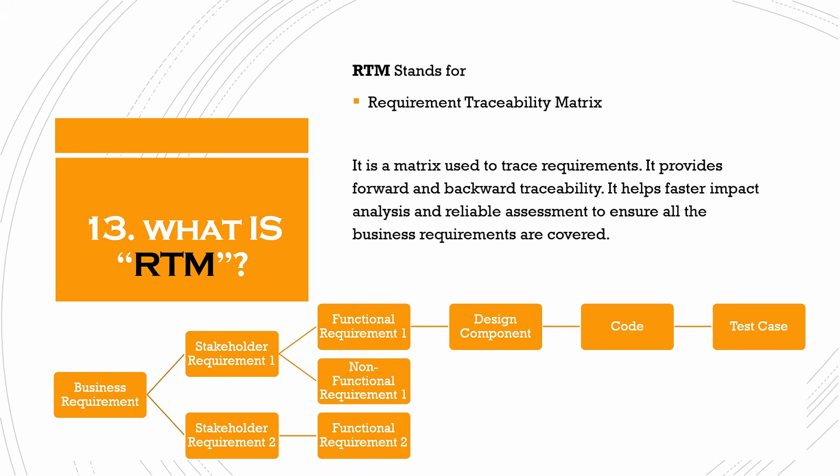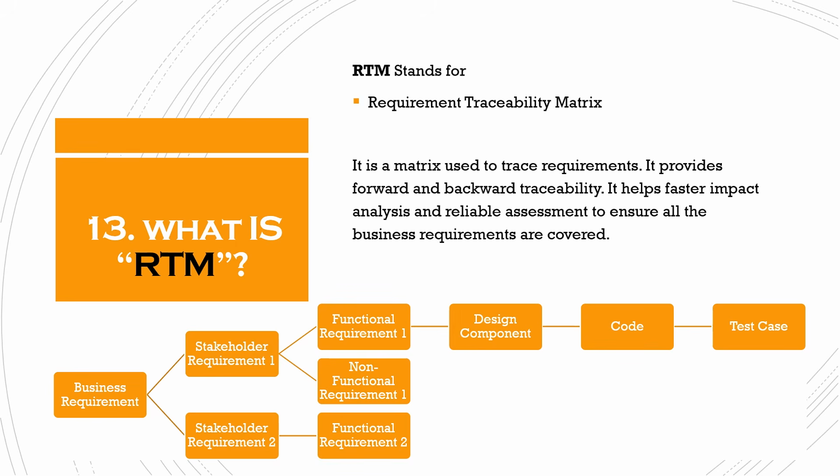So let's look at an example in the below diagram. We have a business requirement. It's mapped to stakeholder requirements 1 and 2, and the stakeholder requirements are further mapped to the functional requirement and non-functional requirement. And then the functional requirement in turn is mapped to the design component, which traces to the code, whichever language it is written in, Java, .NET, Python, and then that particular code maps up to a test case.